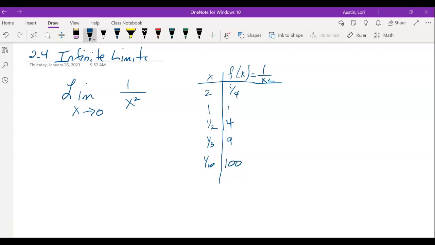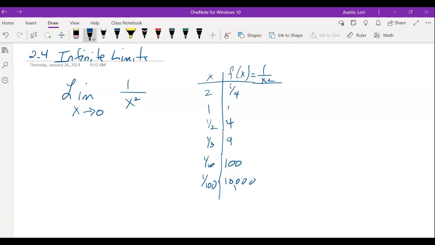That's great for the right-handed limit, right? In fact, as you get 1 over 100, that is 10,000. You can see real quick, 1 over 1,000,000 is going to be a really big number. As it approaches 0, it doesn't have a value at 0, but as it approaches 0, it gets really big.